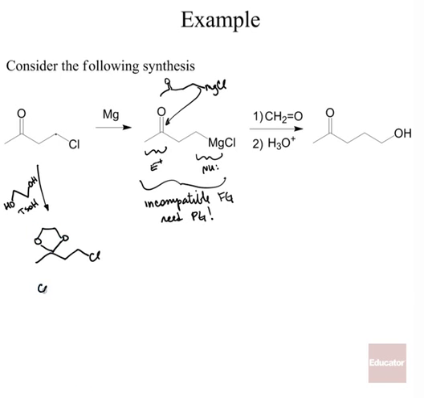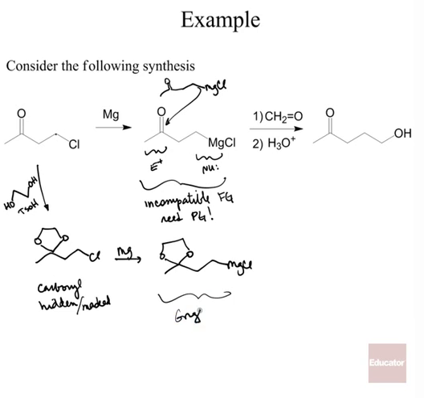And now our carbonyl is gone. Our carbonyl is hidden. It's masked. There is no carbonyl any longer. And so now, if I took this structure and added magnesium, I could make the Grignard reagent.